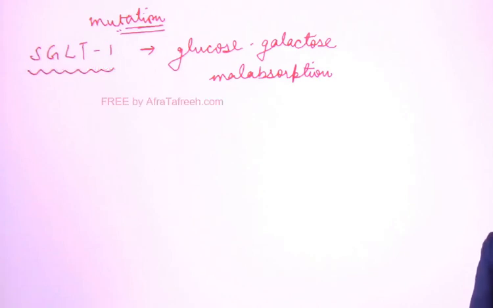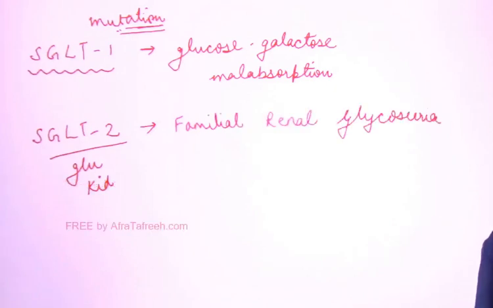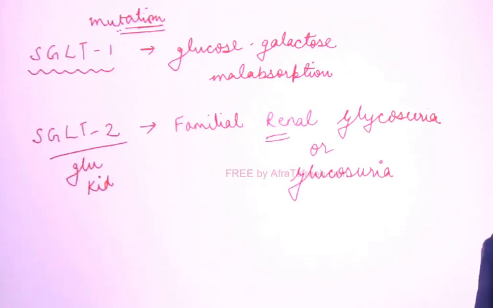Okay, then SGLT2 is only for glucose, present only in kidneys. So mutation of SGLT2 leads to familial renal glycosuria or glucosuria. Okay, kidneys are affected. This is glucose coming in urine, so called familial renal glycosuria or familial renal glucosuria.